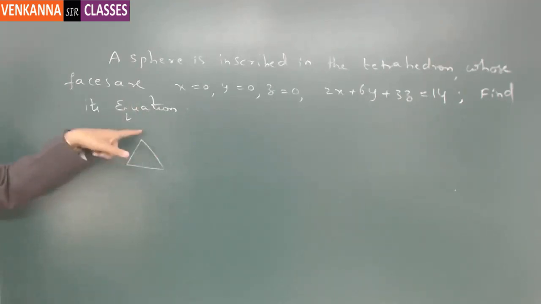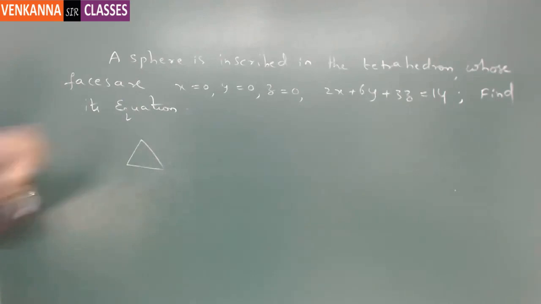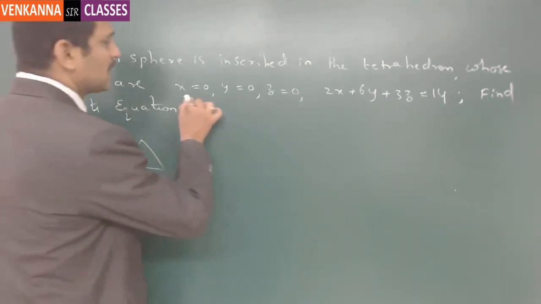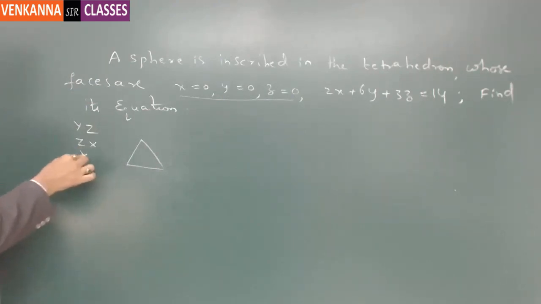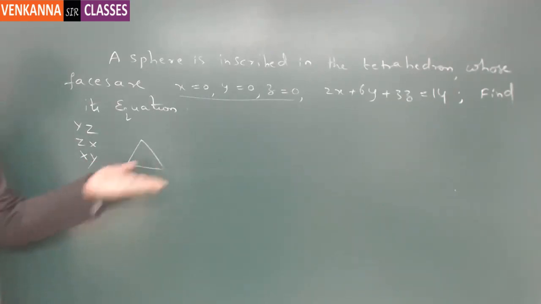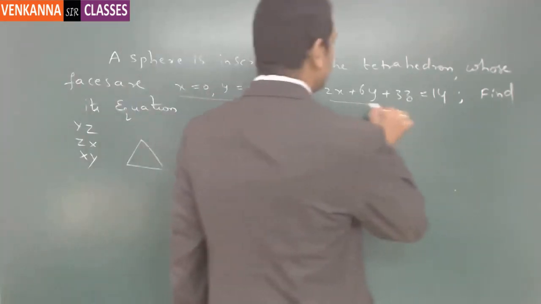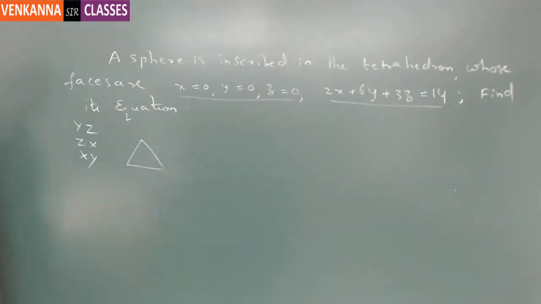You can visualize that the three faces are nothing but the equations x equal to 0, y equal to 0 and z equal to 0. Hence they are nothing but the coordinate planes, say the yz plane, zx plane and xy plane. And the bottom face you can take as the other plane equation. Then you need to calculate what could be the equation of the sphere.